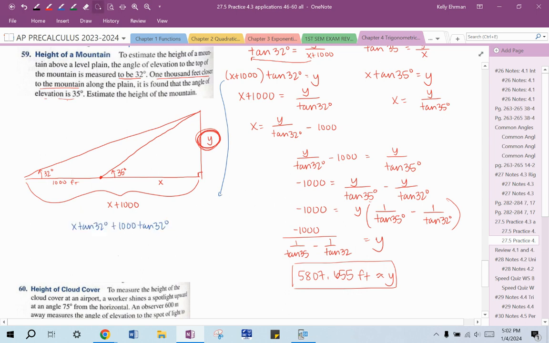Bring this over here. Okay. Set these equations equal to each other. Find x. Once you find x, remember that y is equal to x times the tangent of 35, and you should get to the same answer.